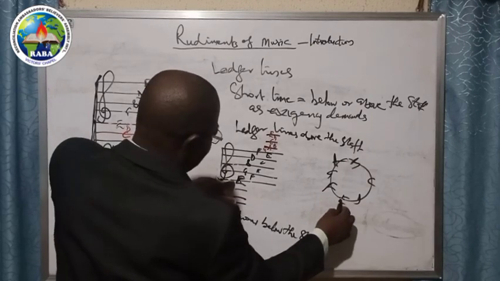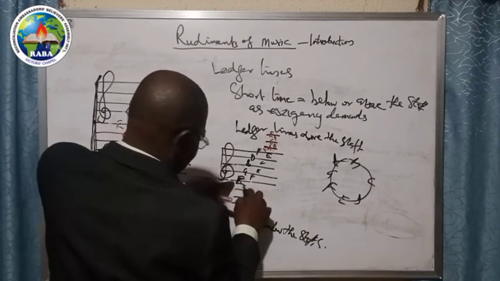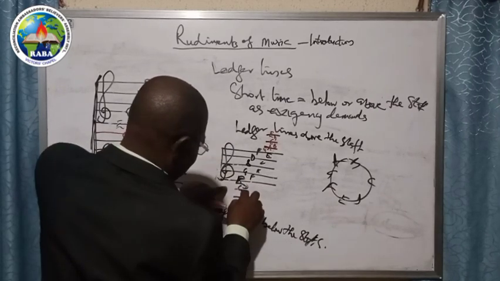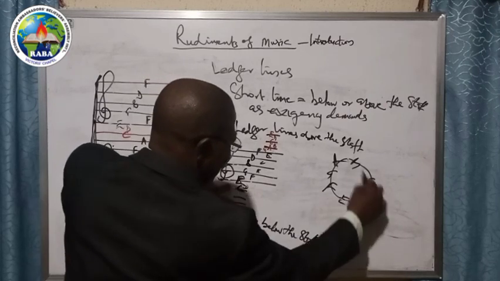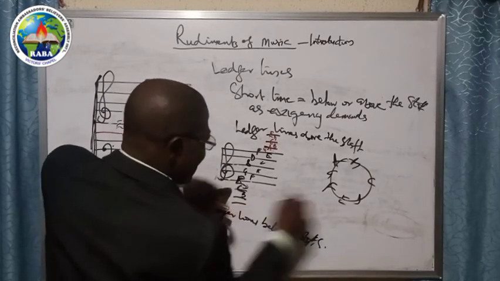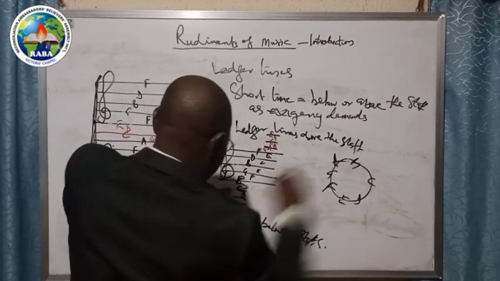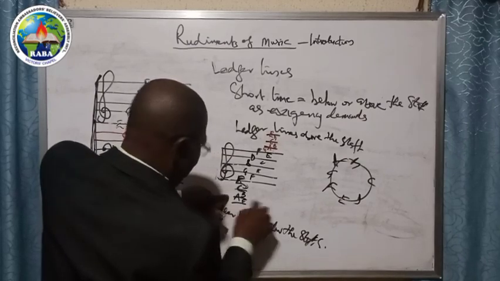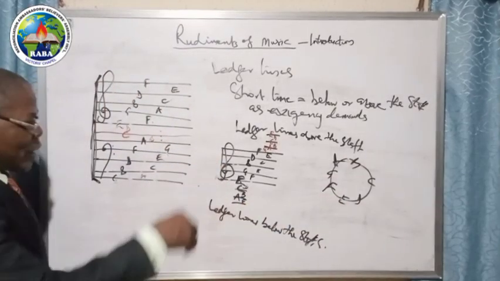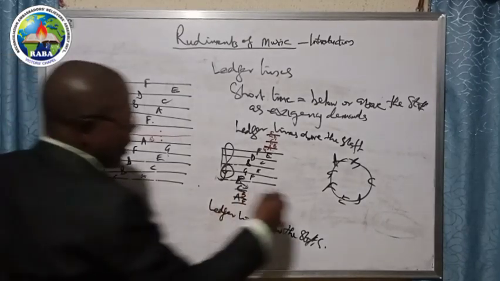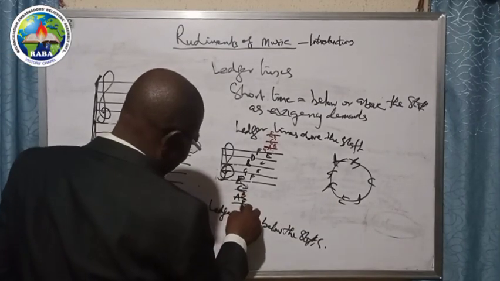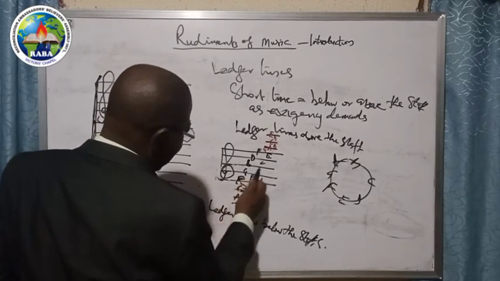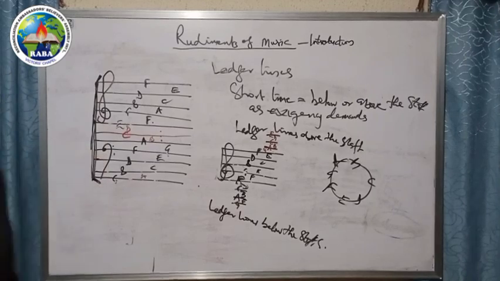So the next space here will be D. Then the next line will be C. The next space will be B. The next line will be A. The next space will be G. By the time you produce this circle, you will get it better. But make sure you are coming counterclockwise. And this one will be G, F. A, B, C, D, E, F, G. You can still read on just like that.